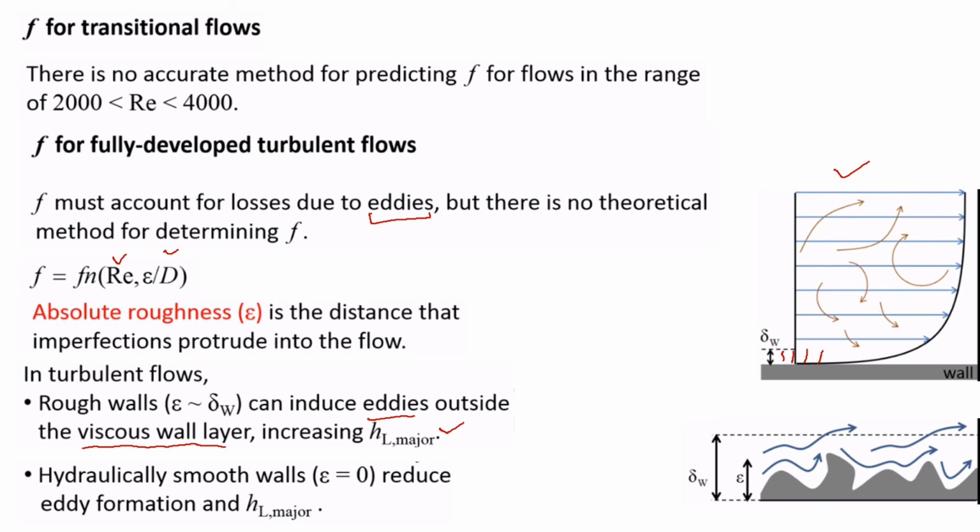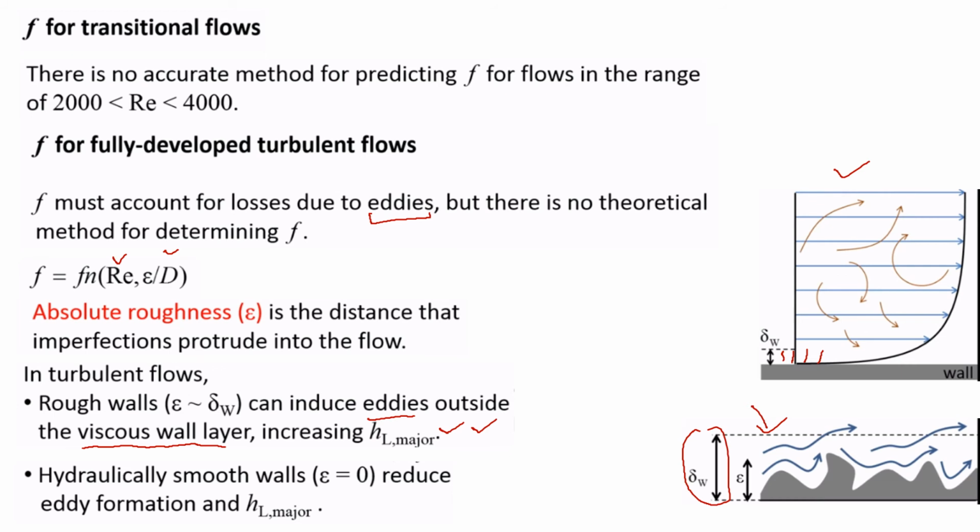So for concrete pipes there will be more eddies, and they will result in more head losses. But in the case of plastic pipes and steel pipes, there will be less head loss due to wall roughness, because the wall actually looks smooth, but if we take a microscopic view, as you can see right here, the wall is actually rough, and it results in eddies. It disturbs this viscous sublayer, which induces increased major head losses.